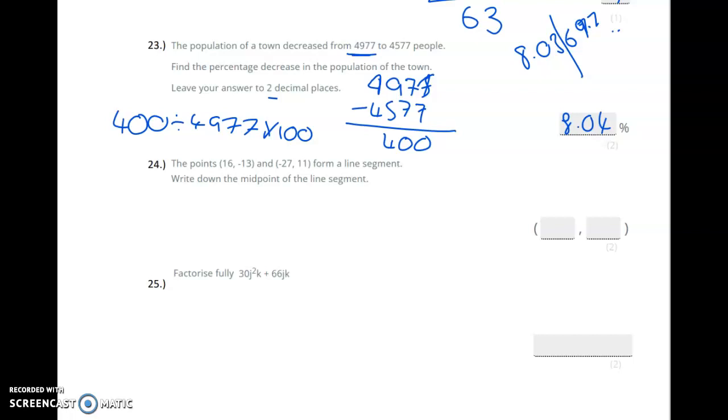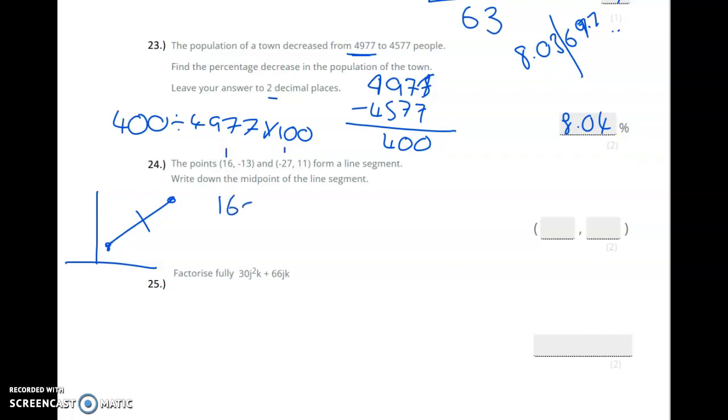The points (16, -13) and (-27, 11) form a line segment. So let's sketch that there. It wants the midpoint of that line. So what we basically want to do is work out the halfway point between my two x values, which go from 16 to minus 27.